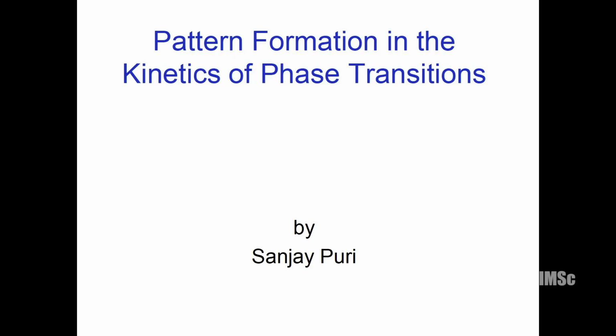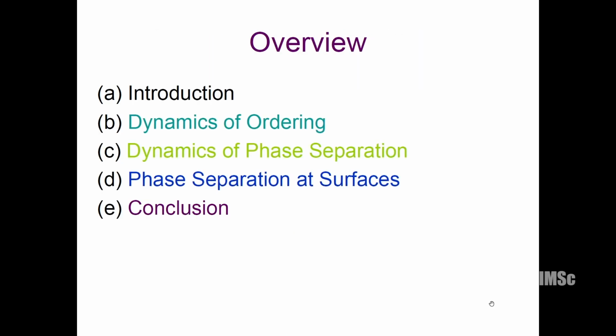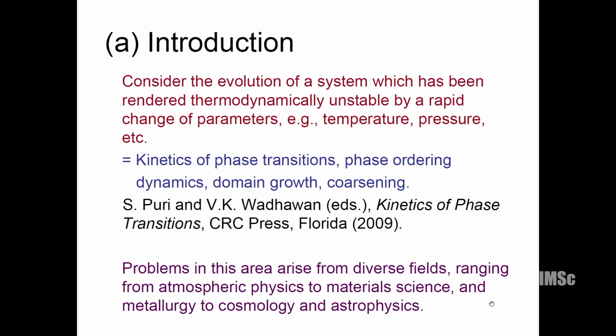Yeah. So this is sort of a colloquium I use to lecture on this material, pattern formation in the kinetics of phase transitions, and I just want to use some pictures. So far I have told you what the problem is, I told you about the dynamics of ordering of a magnet and the dynamics of phase separation, and let's look at some results for the dynamics of ordering.